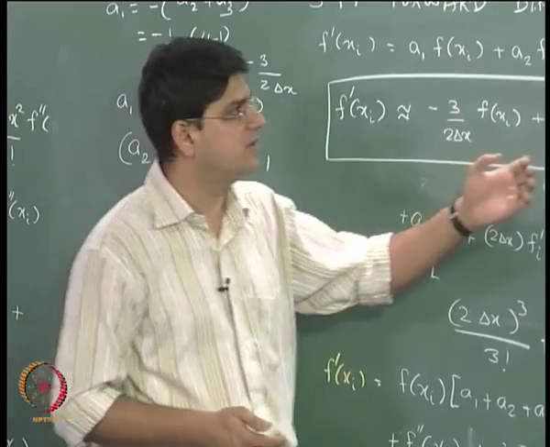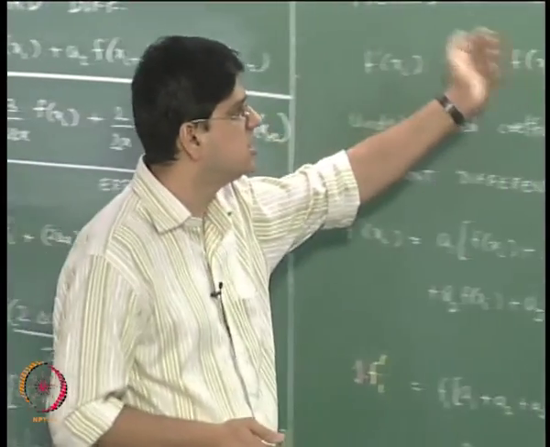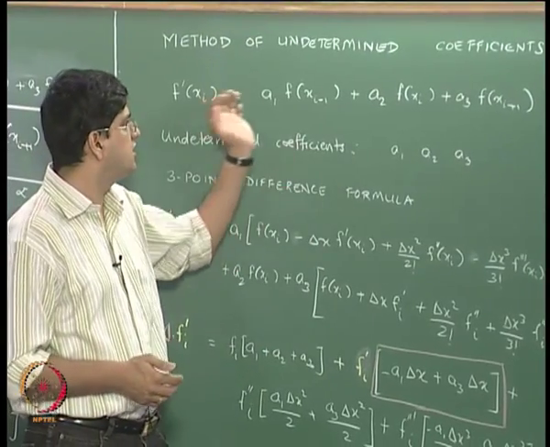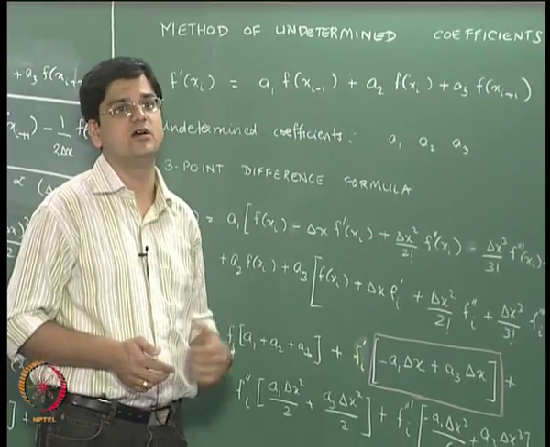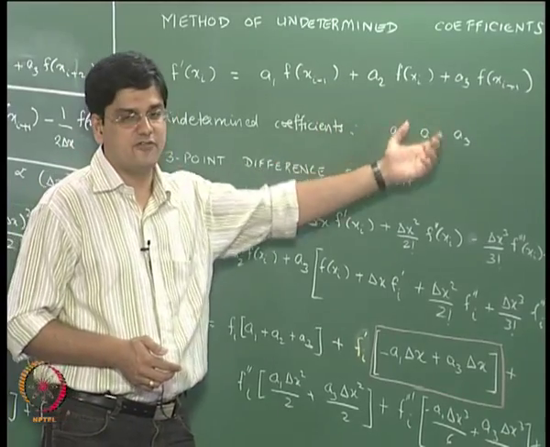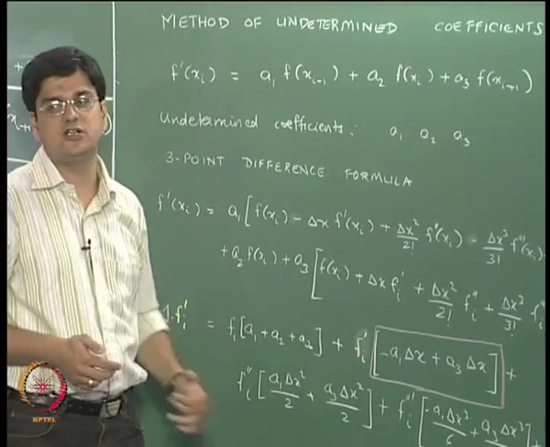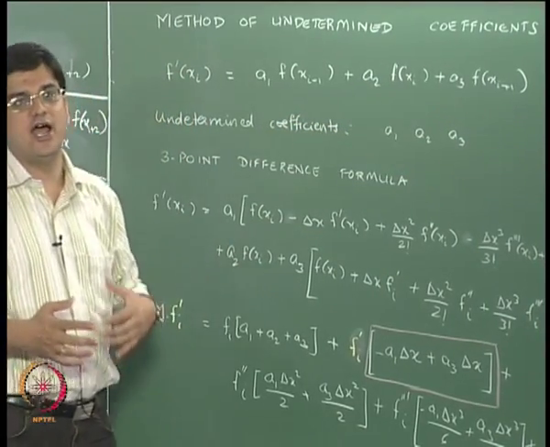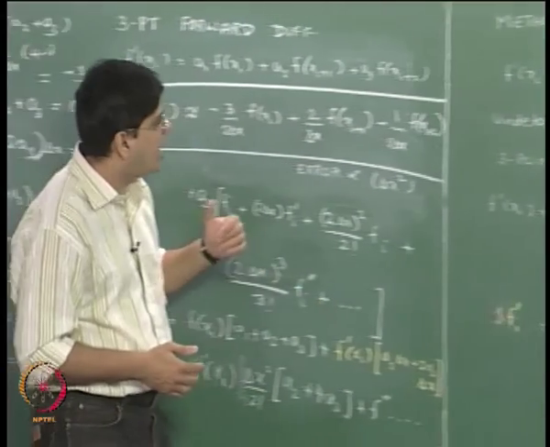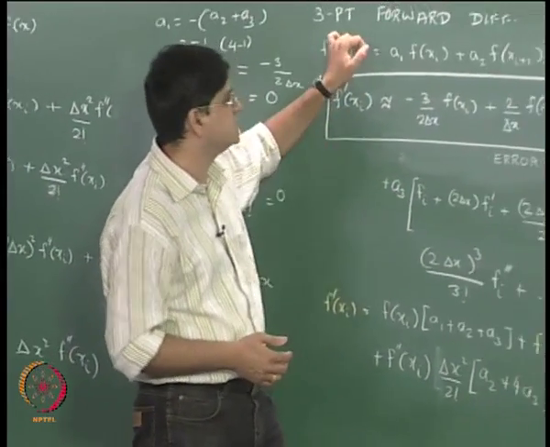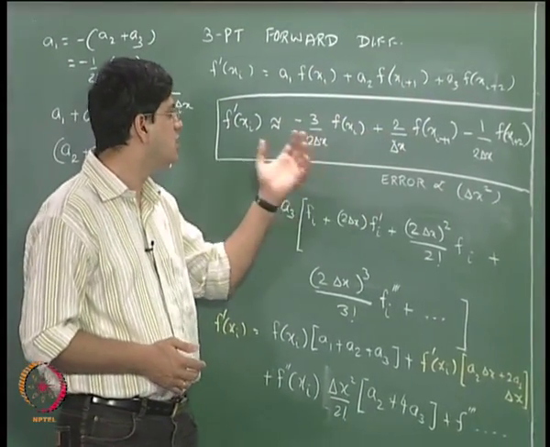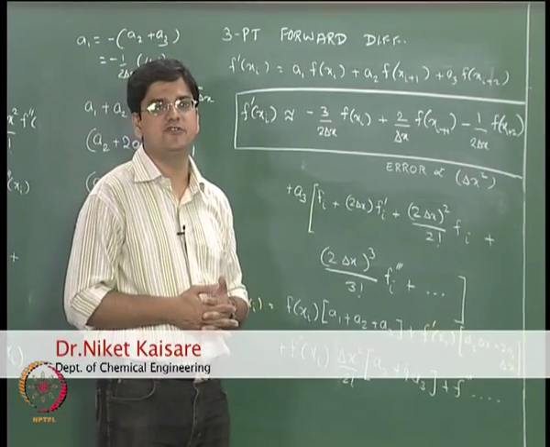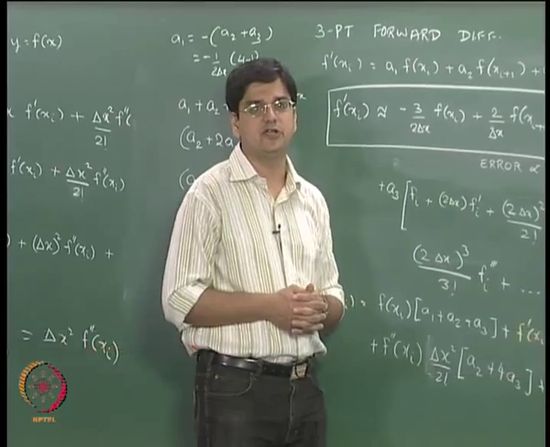Then we talked about the method of undetermined coefficients, where we write our f dash of x as a linear function of f computed at various different points, and then we used a method to compute these coefficients. And finally we talked about higher order formulae, for example the 3-point forward difference formula, in order to get f dash of xi. Okay, so that is essentially what we have covered in this lecture.